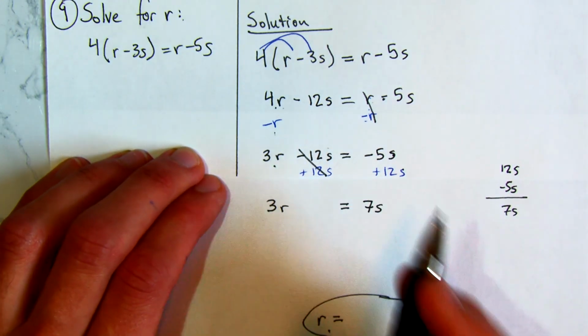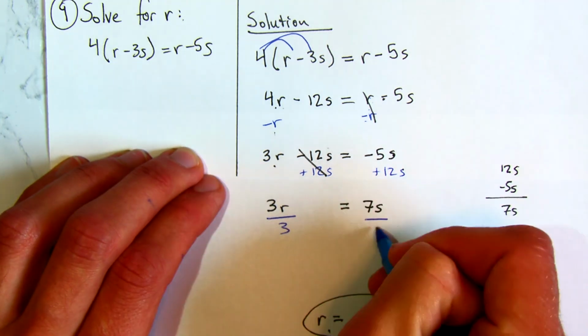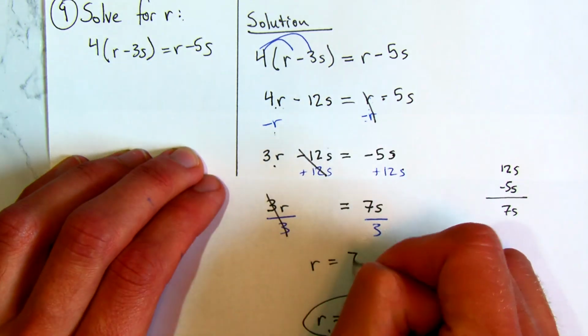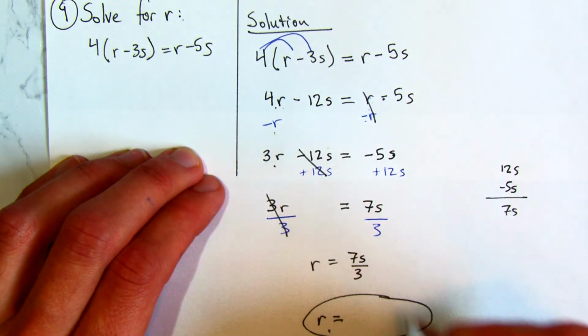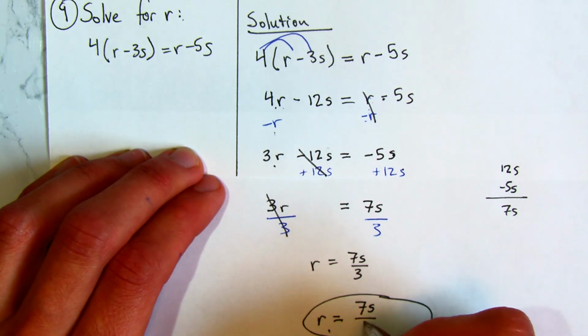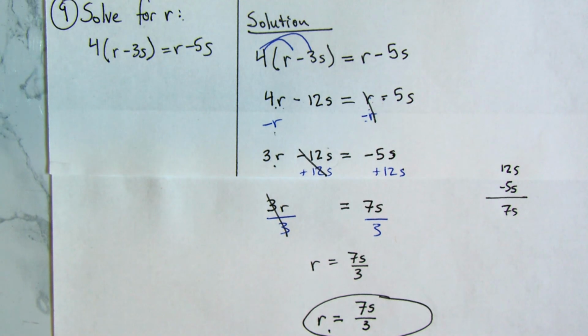To get r by itself, divide both sides by 3. So r is equal to 7s over 3. And that is the end of the extra optional practice.